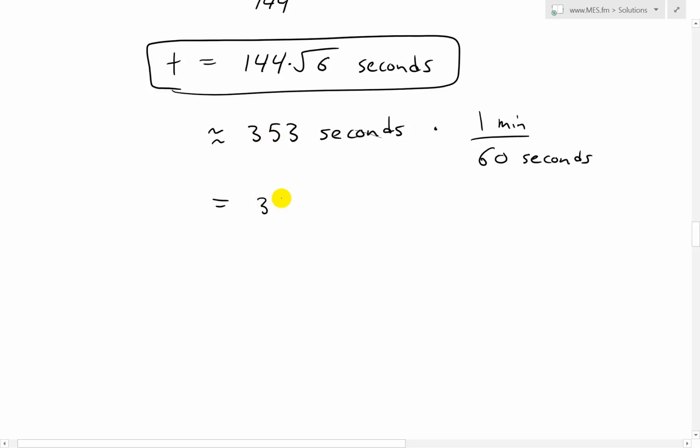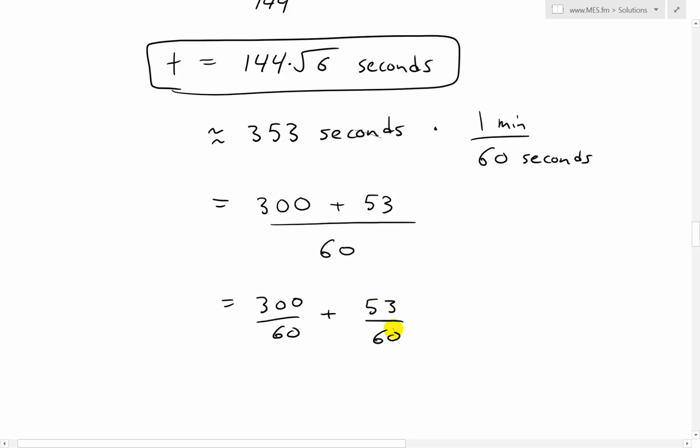I'm going to separate this into 300 plus 53, because 53 is less than 60. The units here are in minutes because we canceled the seconds, and this equals 300 over 60 plus 53 over 60.